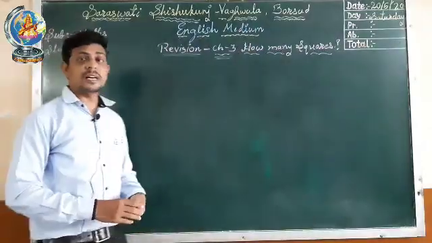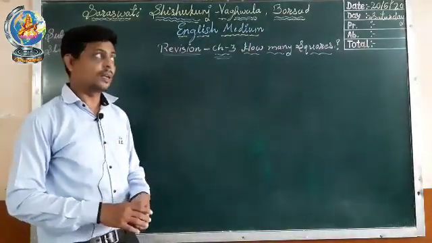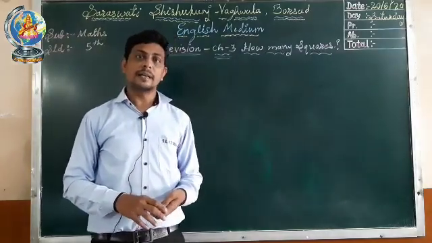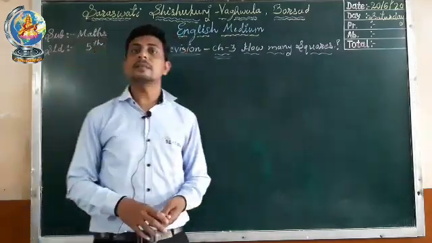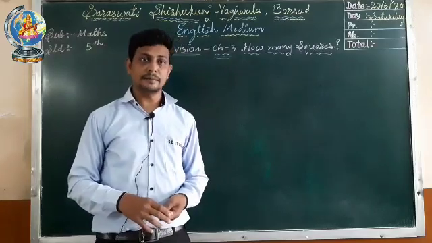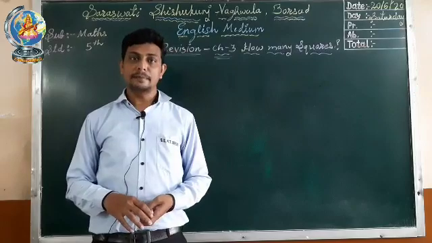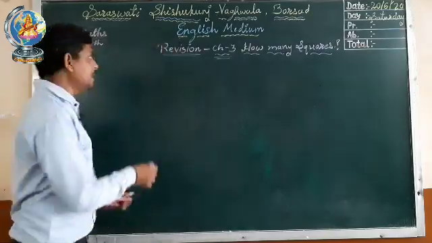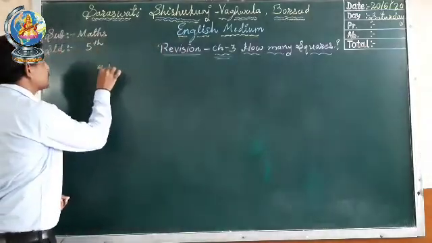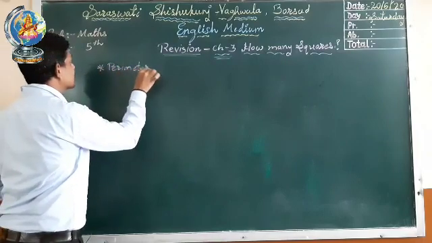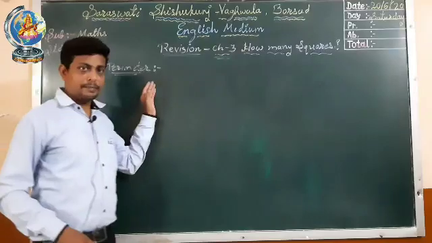So before we start question number 1, let's see what is perimeter and area of square and rectangle. First of all we will see what is perimeter and what is the formula of perimeter. So let's begin with perimeter. What is perimeter?